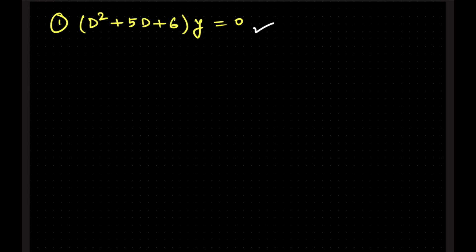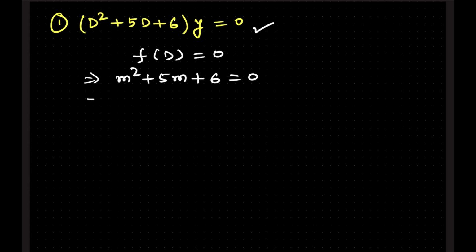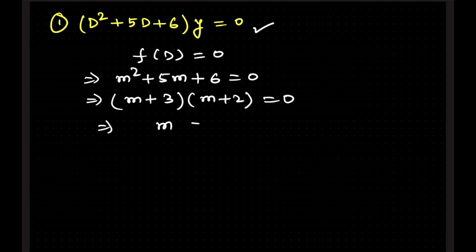What we will do is, we will first equate this f(D) is equal to 0. So m square plus 5m plus 6 is equal to 0. You know that you can write this in factorization form, that is m plus 3 into m plus 2 is equal to 0. So your roots are m is minus 2 and minus 3.